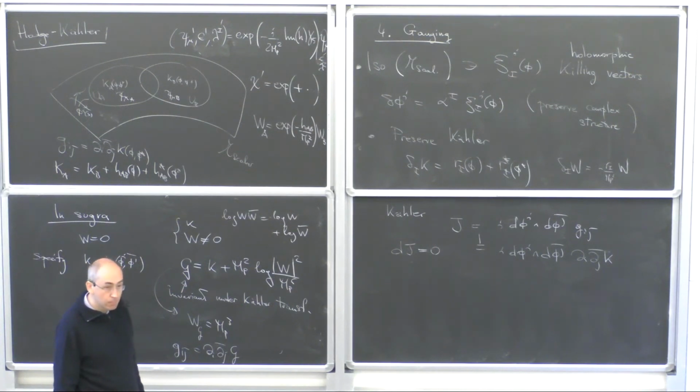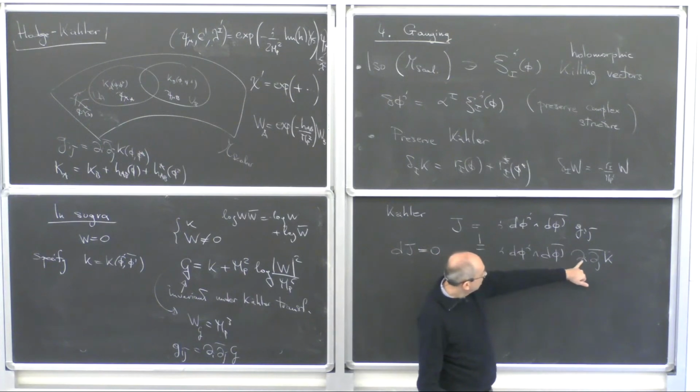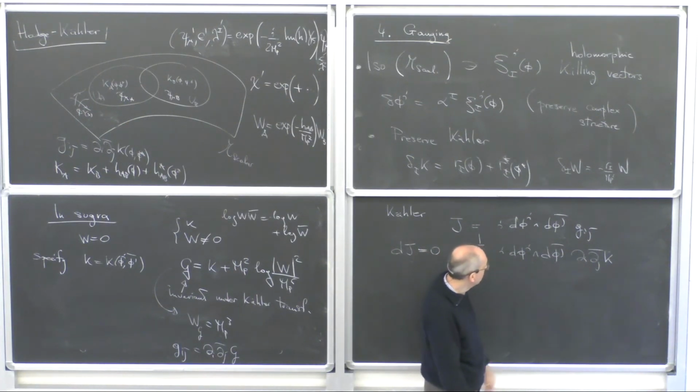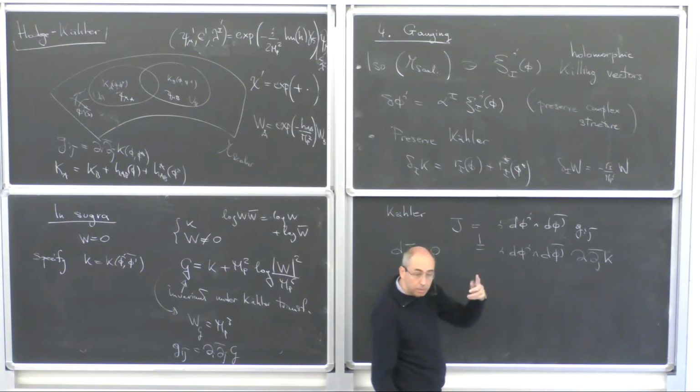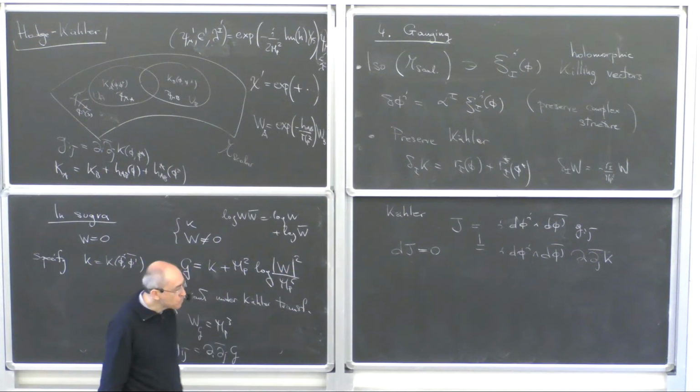Okay? You can always imagine that this is d of this thing with respect to the del of this thing, or the del bar, depending on which one you pull out.